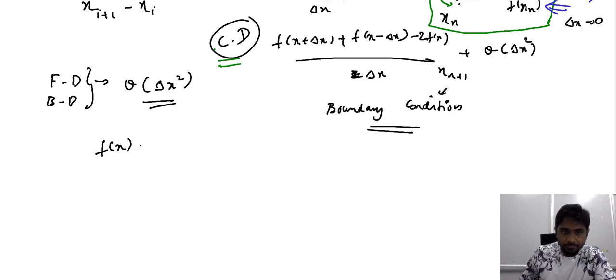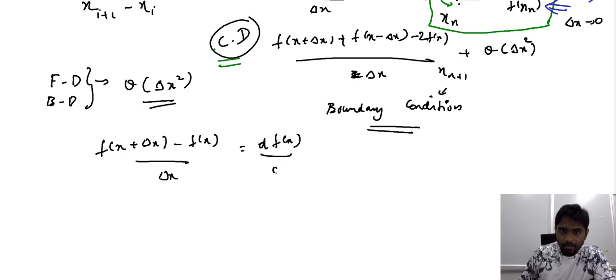plus delta x minus f of x, over delta x. This is how we have considered the forward difference thus far.